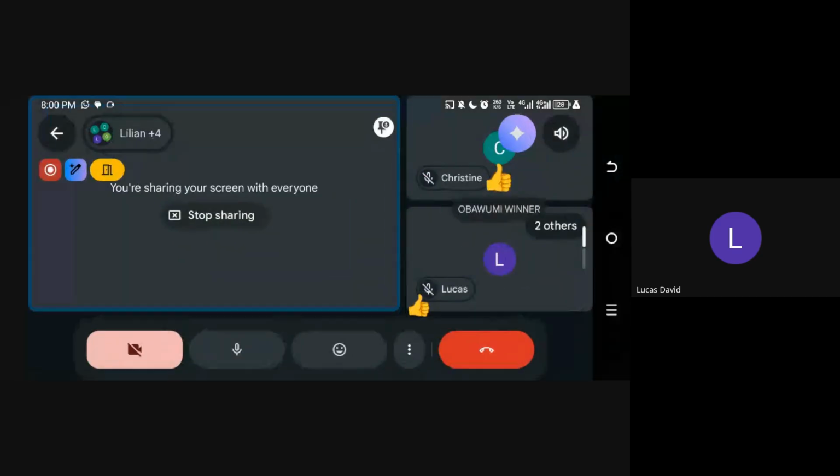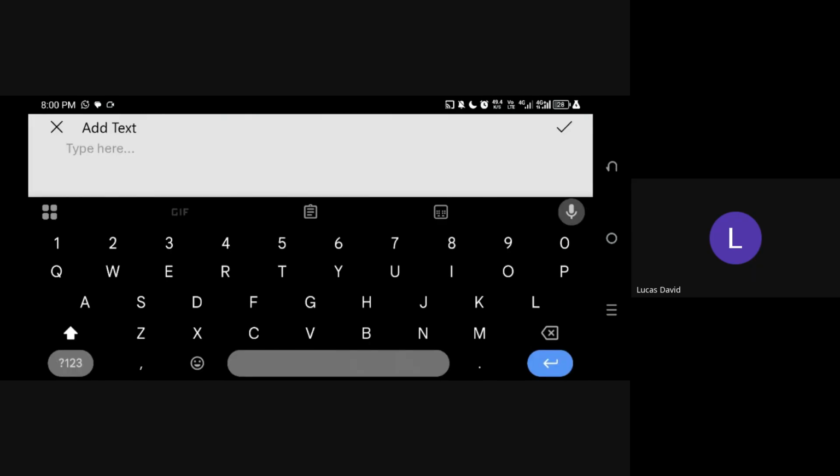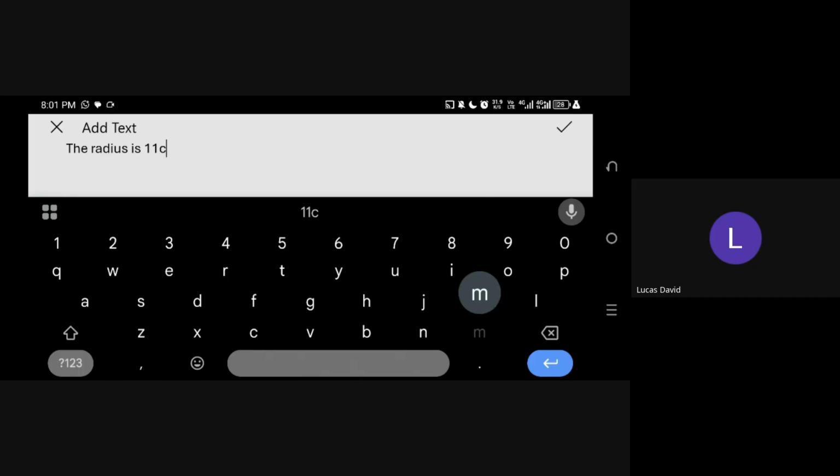Lillian, can you hear us? Okay. All right, it's your turn. Remember, I told you you would have to be able to identify, when they tell you something, where you're putting that value. So Lillian, let's say the radius is 11 centimeters.